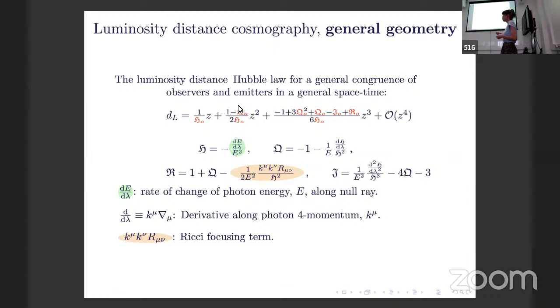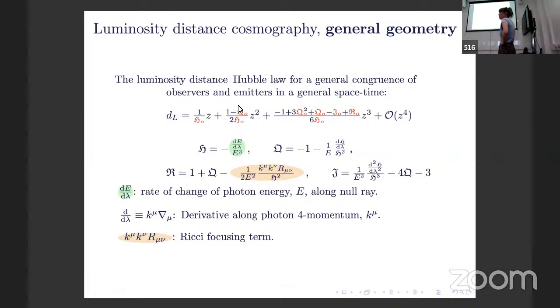But can I ask, why is it that no new geometrical terms come into the jerk? Like derivatives of Ricci or something like that? You could say that implicitly, because second derivatives of H would then give that.